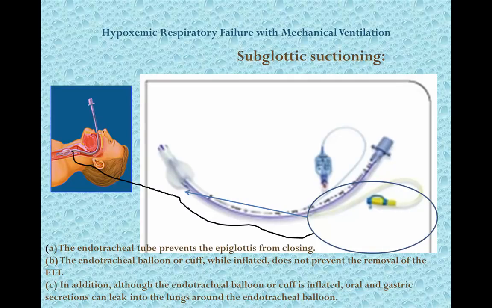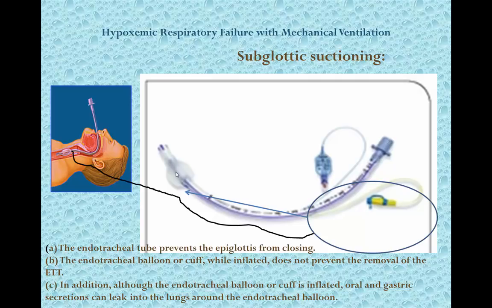Let's talk about one of the VAP measures that I mentioned, that was subglottic suctioning. And this is kind of a confusing concept because unless you've actually seen an endotracheal tube that has subglottic suctioning, it kind of won't make sense. But let me try and explain it to you. So here's your endotracheal tube.